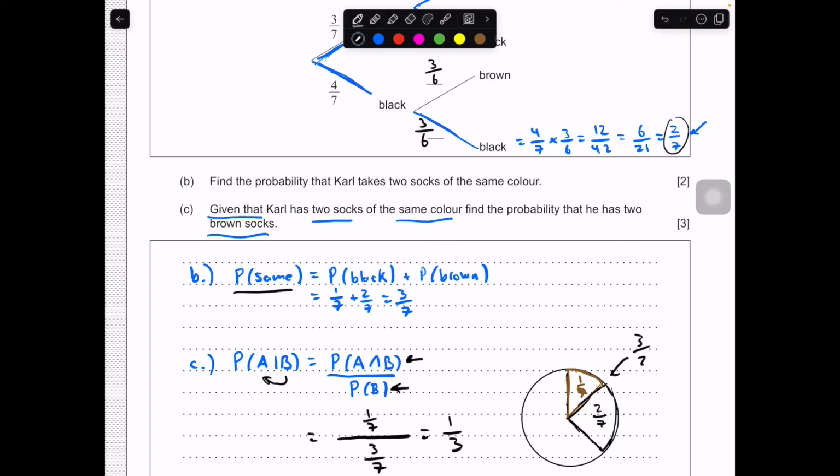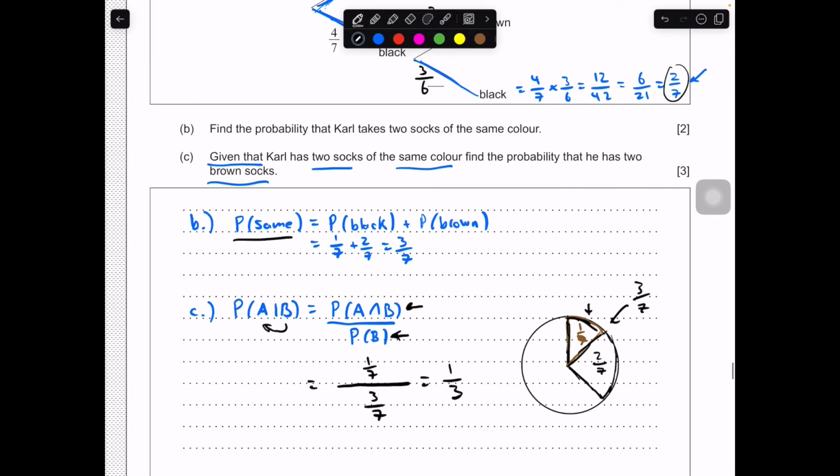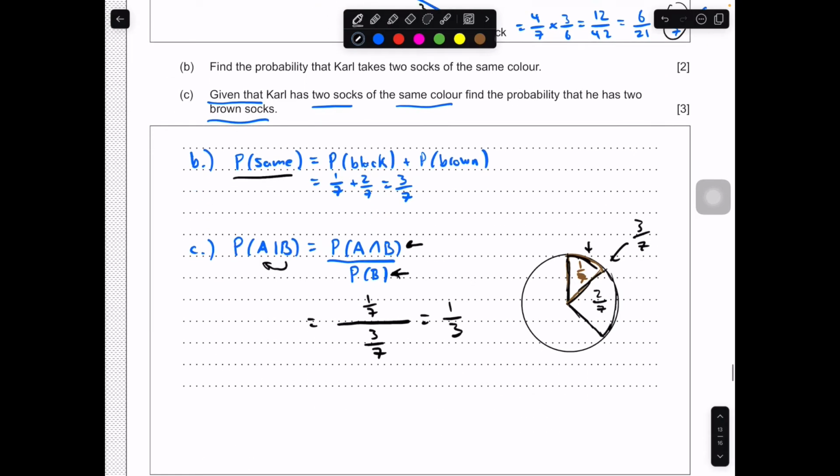Altogether he has 3/7. What fraction of that 3/7 is brown? Well, 1/7 of that 3/7 is brown. And so the answer is just 1/3. I think conceptually is the easiest way to work these out, rather than the formula.